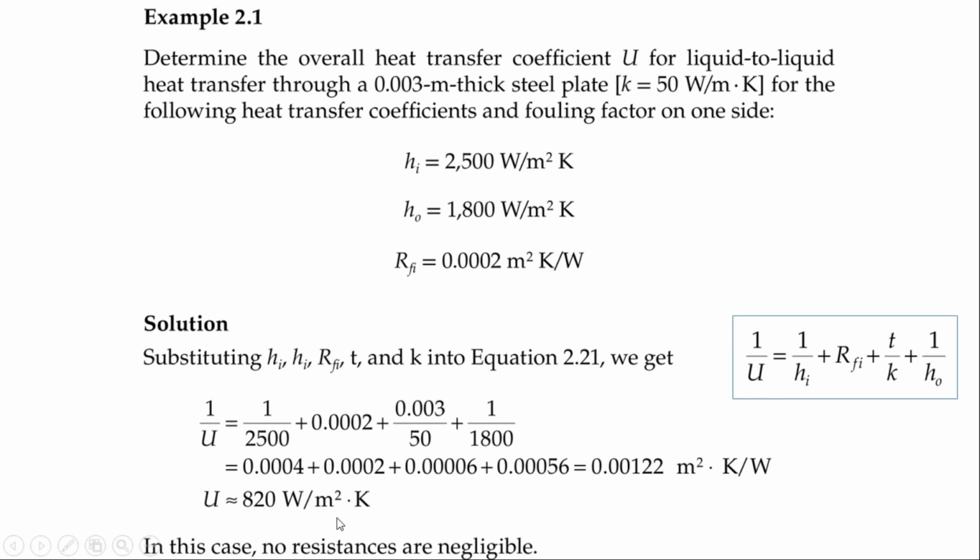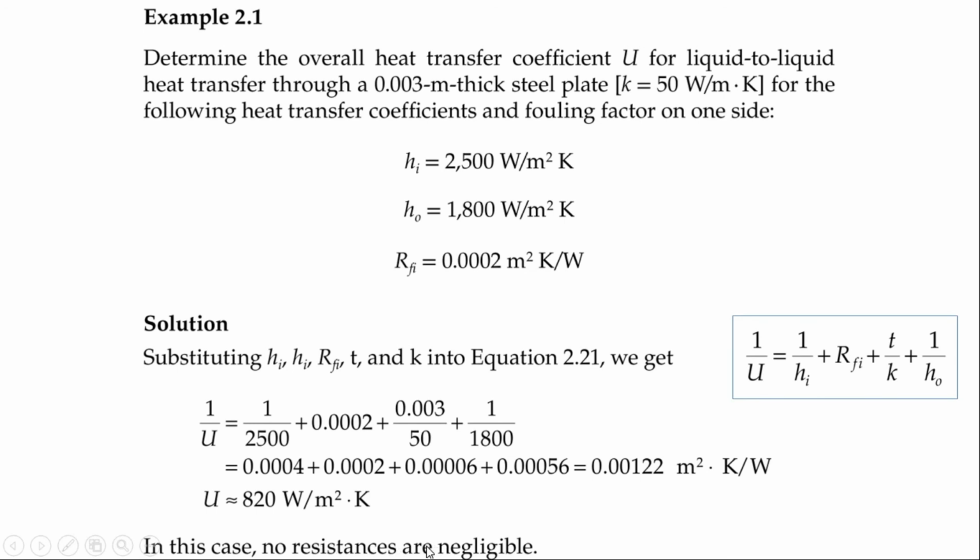In this case, no resistance is negligible, so everything is countable. This is one resistance, second, third, fourth resistance. There are four resistances.